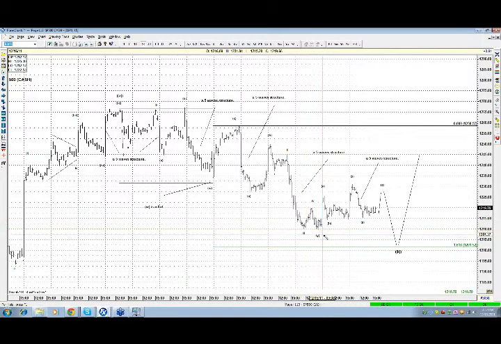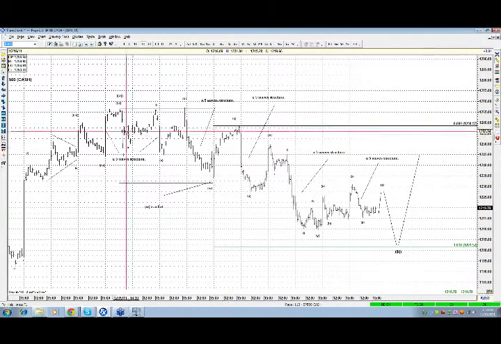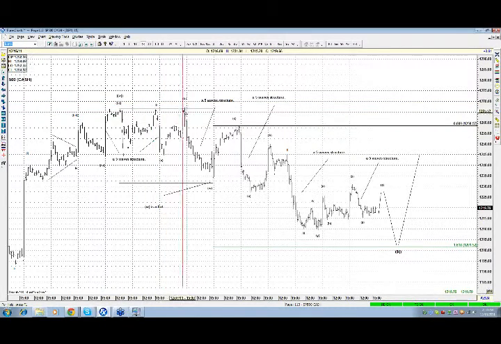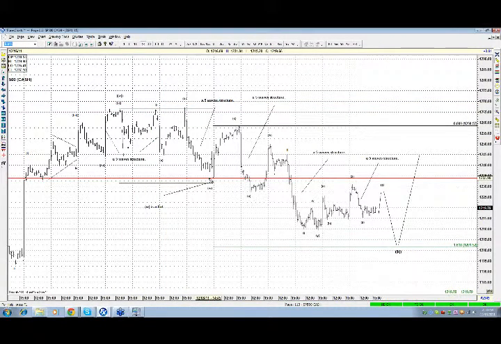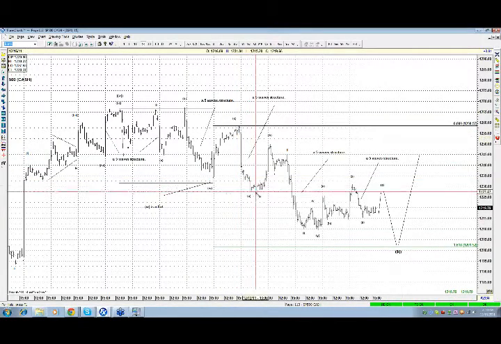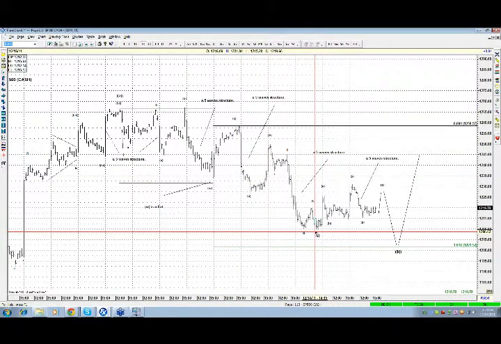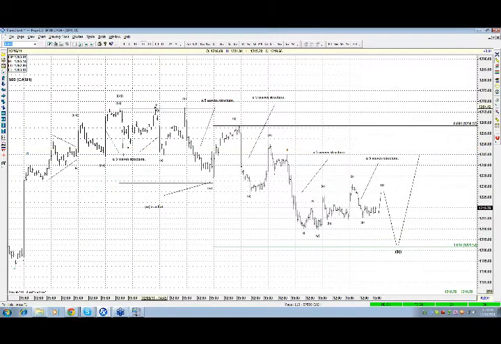Now, if the high happened here, which is my preferred count, you have 1, 5, 3, 2, 5, 3, and 5. So technically right here you have 1, 2, 3, 4, 5. You got a 4, and then you have 5, 3, 5. So you have one nest.